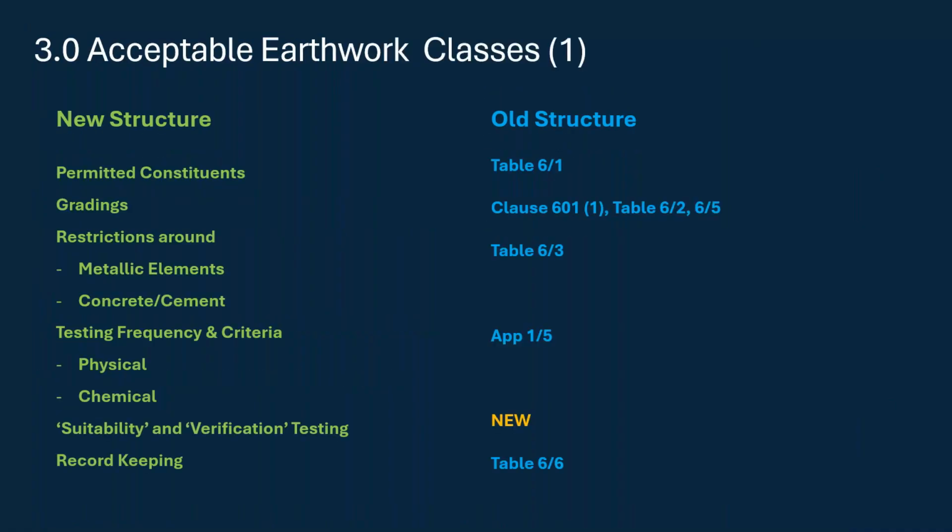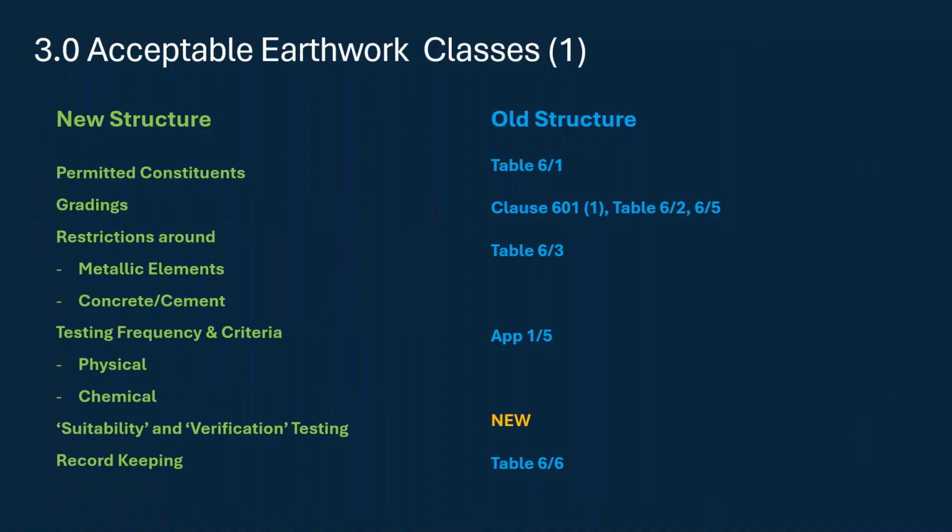Once we've decided which materials are acceptable, it then goes on to provide the detail of the acceptable earthworks classes. Again, it pretty much follows the old system. Permitted constituents. Table 6.1 has been replaced with a new table 3.4, which just describes the classes.